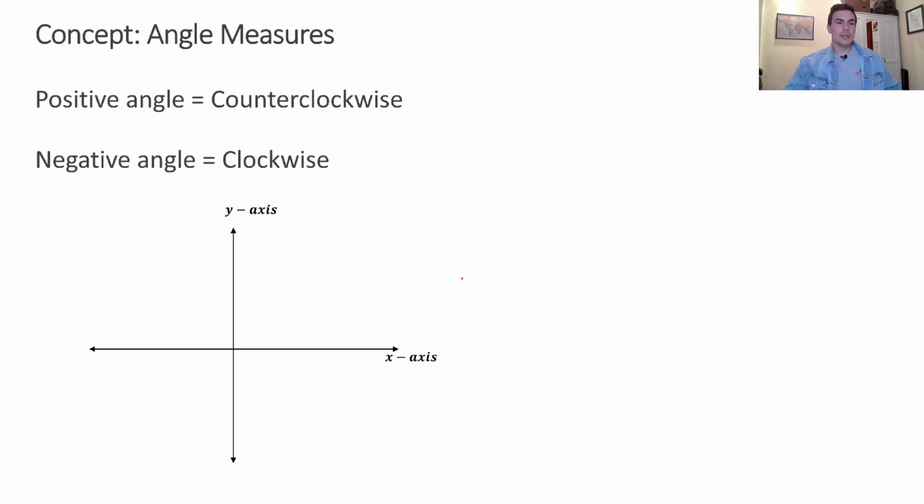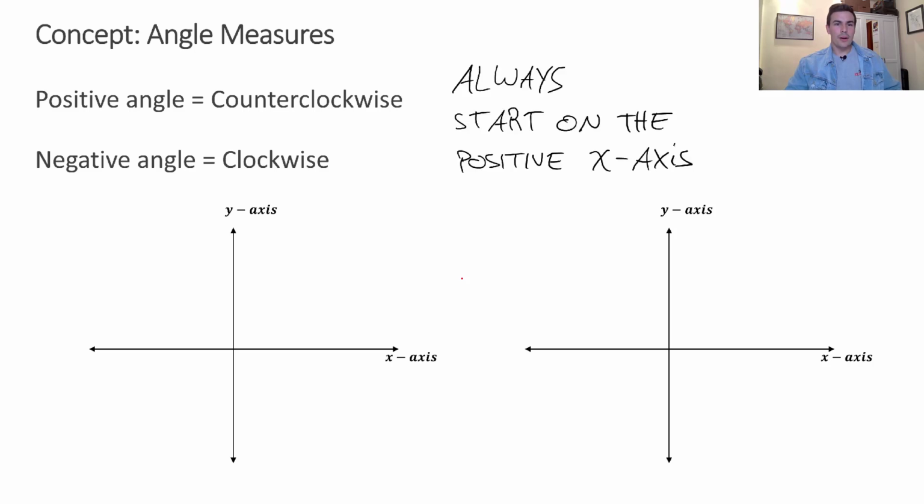So let's take a look at a couple examples here. Always starting on the positive x-axis, if I have this angle of 135 degrees, I am going to start right here in my positive x-axis, pretend that's a straight line, and I'm going to rotate 135 degrees counterclockwise.